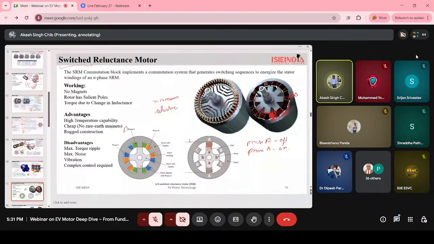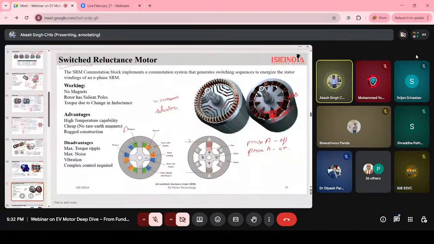Then the rotor moves forward toward phase B. This process works continuously, phase A getting on, phase B getting off, and it generates higher torque inside the motor.